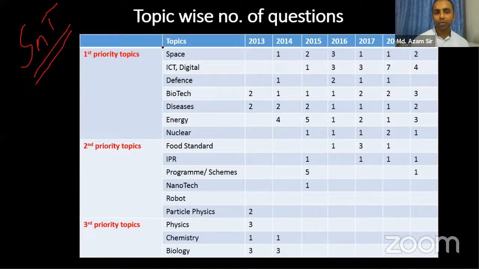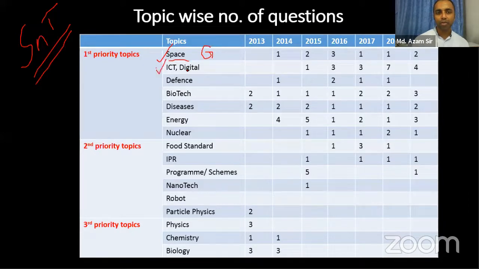First priority topics are space and technology. Space technology, let me tell you, is there in geography also, space science: various planets, formation of the earth and the universe. So it is there in geography, and it is there in science and technology also.